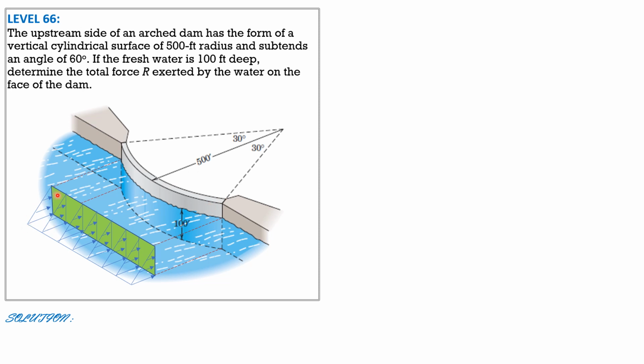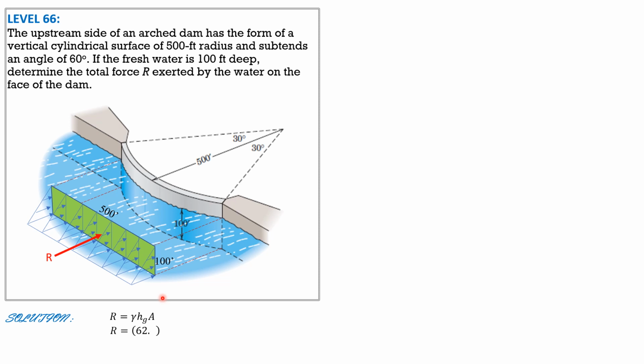So this is the pressure distribution. That's R. That's also 500 feet, and the depth is 100 feet. So R equals specific weight of liquid, which is fresh water here, times h, which is half of 100, the distance from water surface exposed to zero pressure to the centroid of the projected area, 50 feet, and the area is 500 by 100 feet.